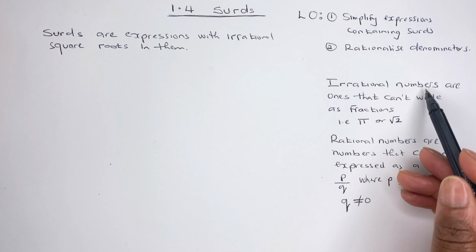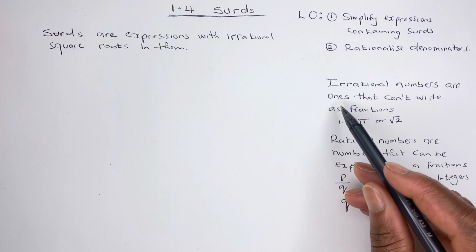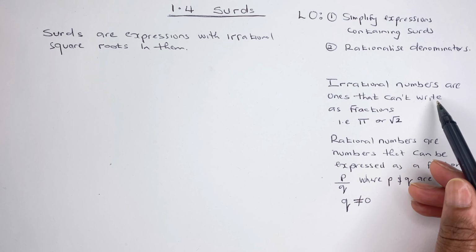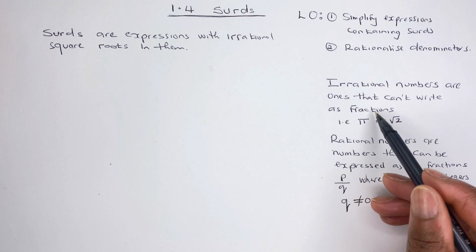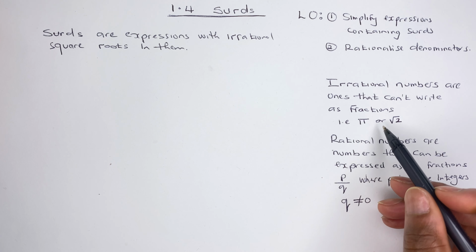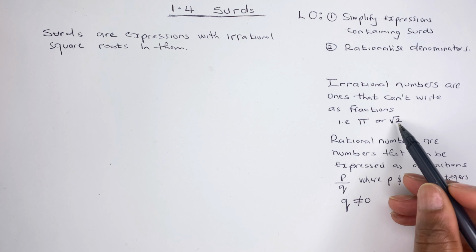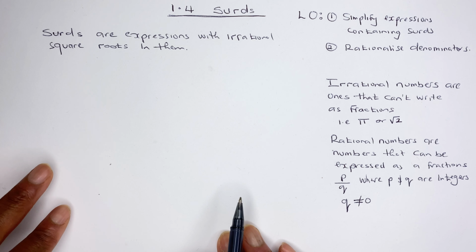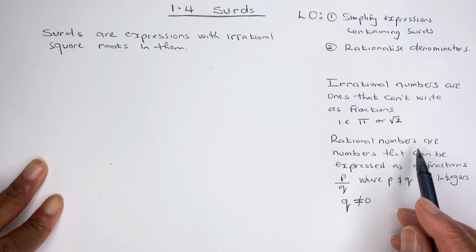Irrational numbers are numbers that can't be written as a fraction, such as pi or root 2. Rational numbers are the opposite.